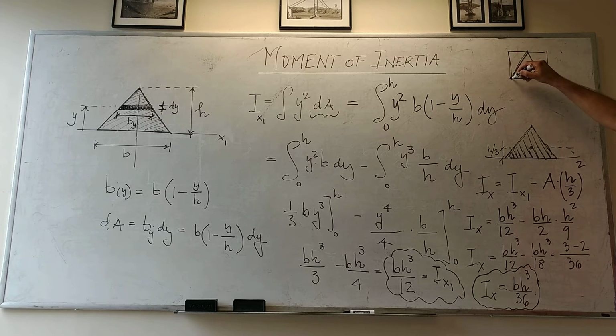Remember, the rectangle is bh cubed over 12, and the triangle would be bh cubed over 36. The centroid is at different places, but eventually the moment of inertia around their own centroid is 1/3 of each other. So although you have half the area, you have only 1/3 of the moment of inertia.